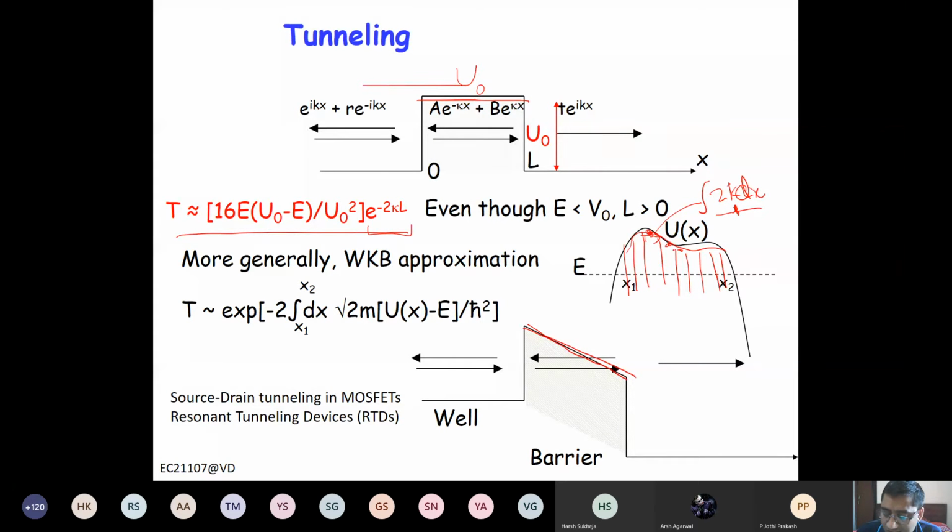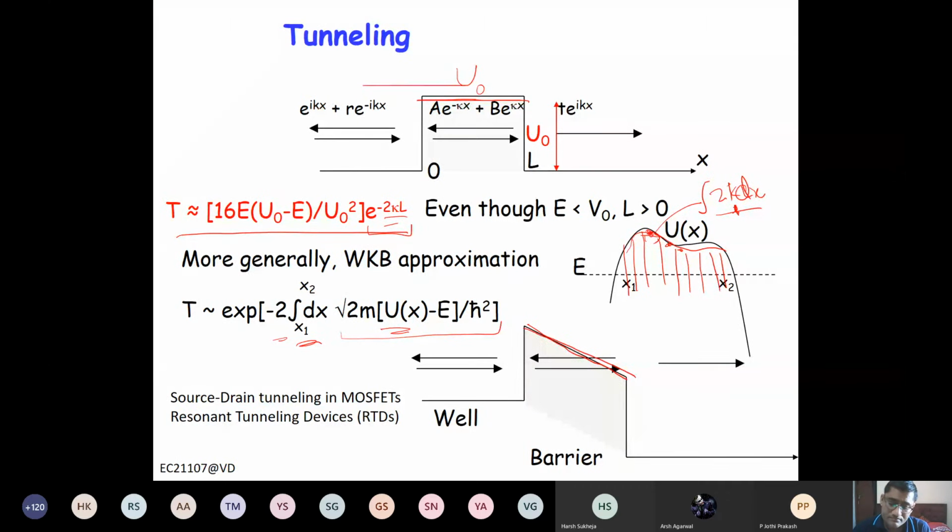And you integrate it, you will get 2kL. So this is basically 2 times the integral of k dx, where k is root of 2m (U minus E) by h bar squared. U is a function of x. So this is also known as the WKB approximation. This is named after the scientists Wentzel, Kramers, and Brillouin.